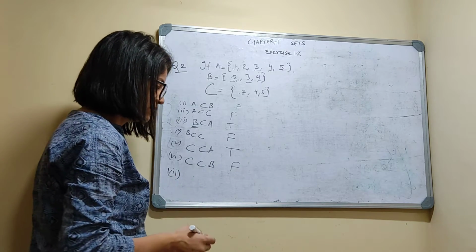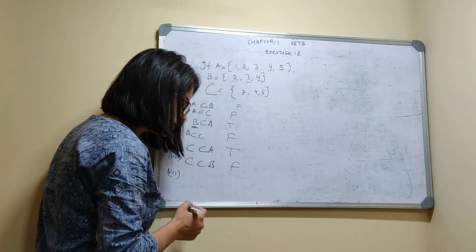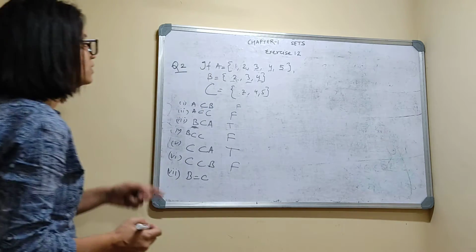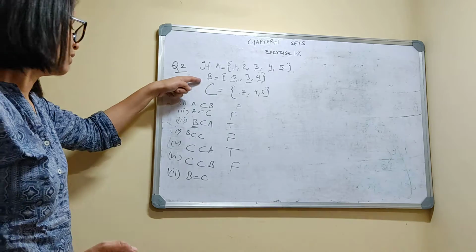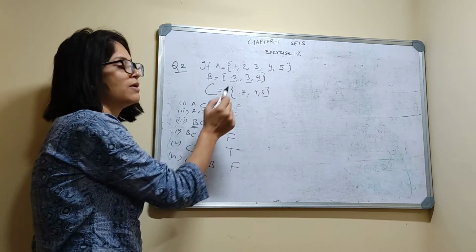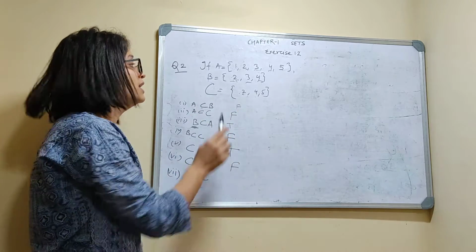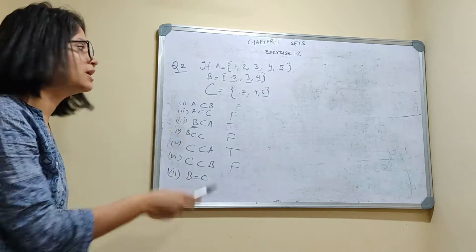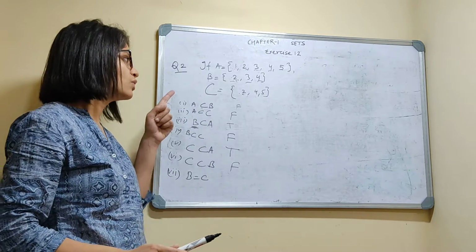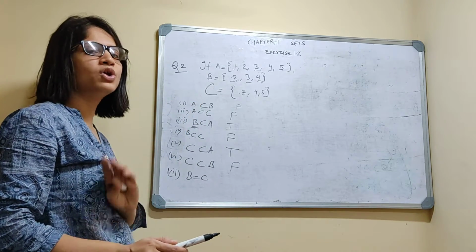7th part. B is equal to C. For sets B and C, B is {2, 3, 4} and C is {2, 4, 5}. The cardinal numbers of set B and set C are the same, so these sets are equivalent but not equal.